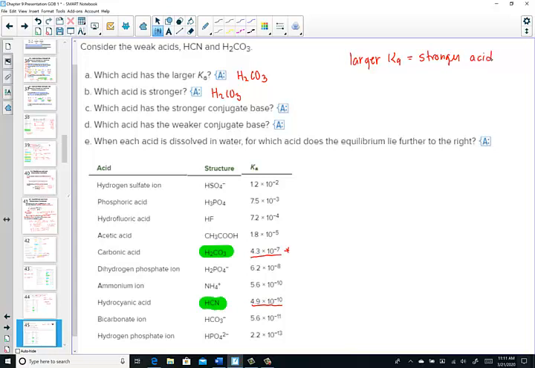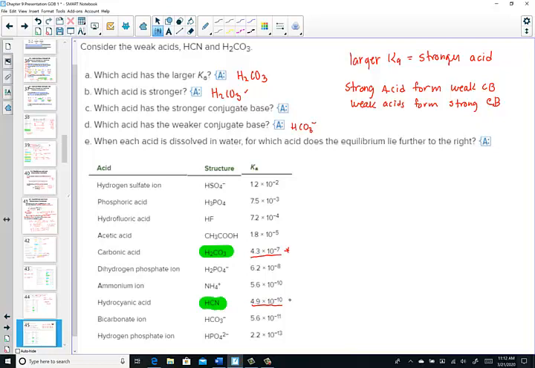Which acid has the stronger conjugate base? Well, do you remember our trend? Strong acids form weak conjugate bases. You can flip that by saying weaker acids form stronger conjugate bases. So when I told you that H2CO3 was the stronger acid, it's going to form the weaker conjugate base.